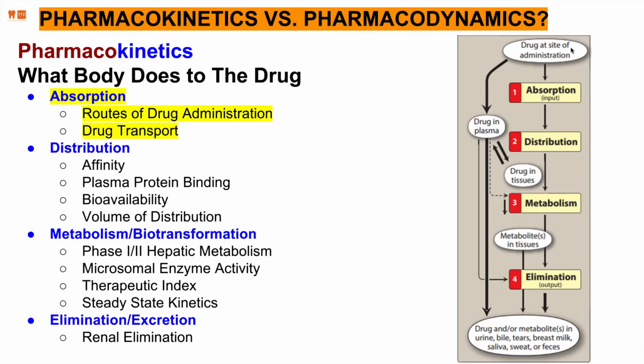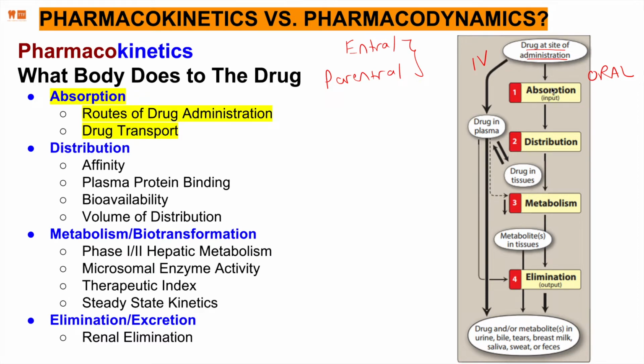Okay, let's take a look at this side over here, the drug at the site of administration. Now, before we begin, I just want to tell you guys there's two things, right? We got enteral and we got parenteral. Both of them are the biggest rivals of them all, because enteral, such as oral, and parenteral, such as IV, have two different routes to begin with.